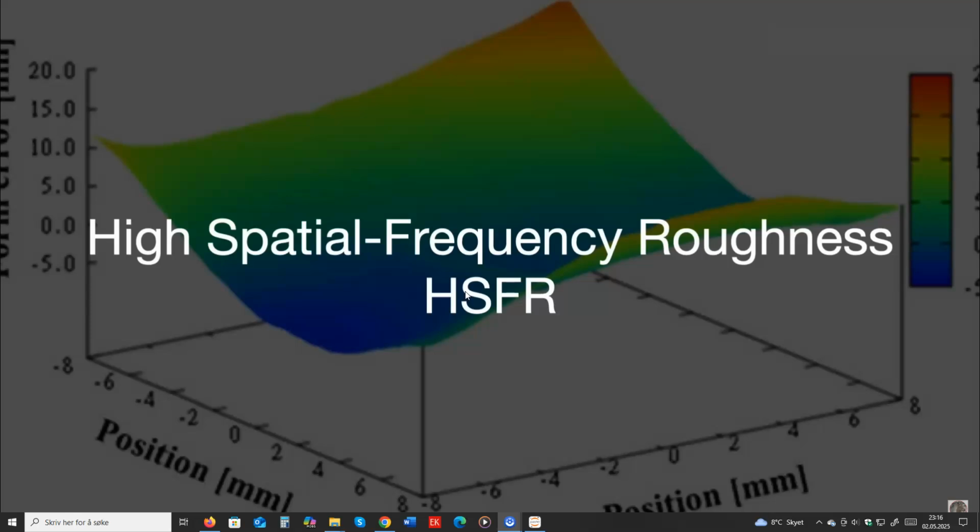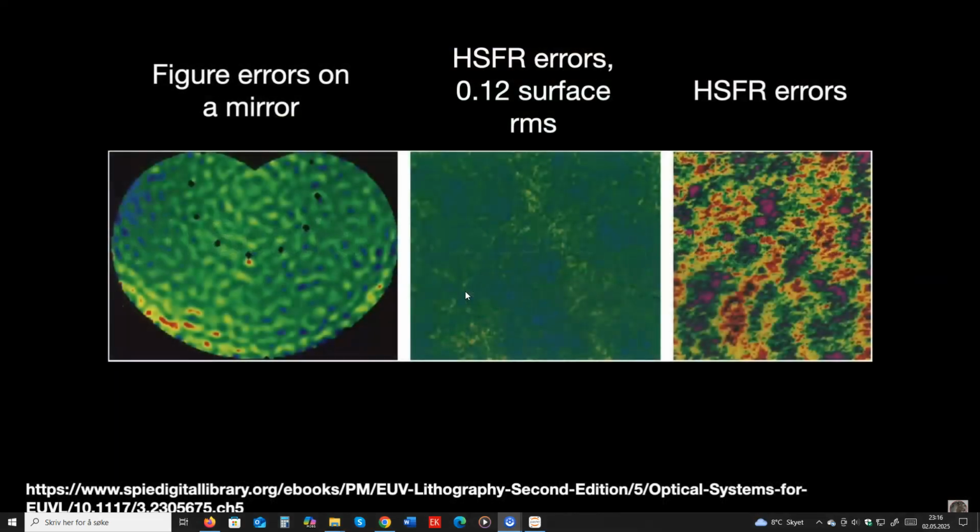These errors do not affect the image quality, but instead reduce the reflectivity of the mirrors by scattering light out of the illuminated field. These type of errors seriously hurt the system's throughput. 1 angstrom of high spatial frequency roughness loses 1% of reflectivity. Spread that across 6 mirrors, that is a 6% loss in reflectivity.